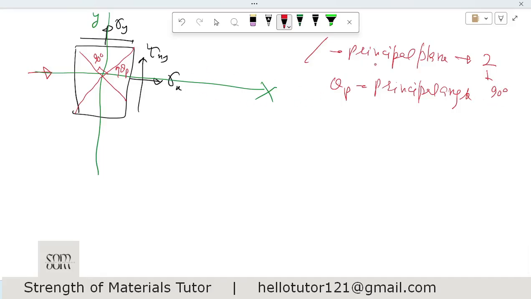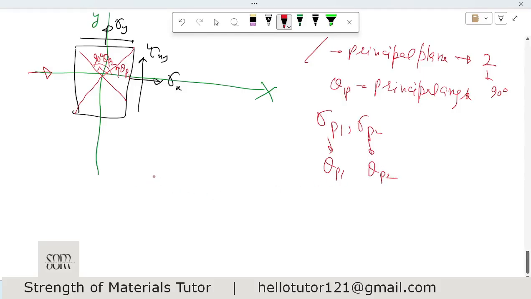We have sigma p1 and sigma p2. Sigma p1 is at an angle of theta p1, and sigma p2 is at an angle of theta p2, and the angle between them is 90 degrees.